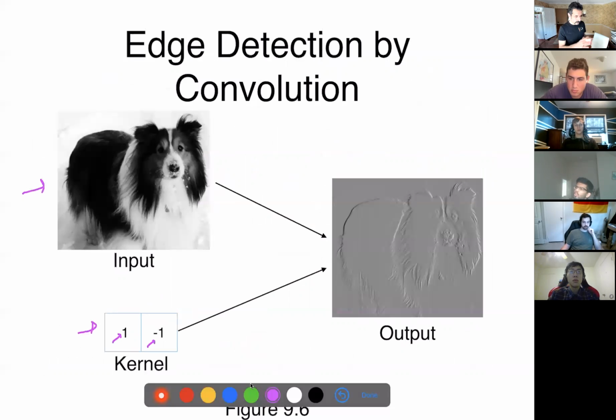You slide it over the input and you get something like this as an output, and this gives you where the edges of these images are, like here. This is one of your feature maps, the output that you produce.